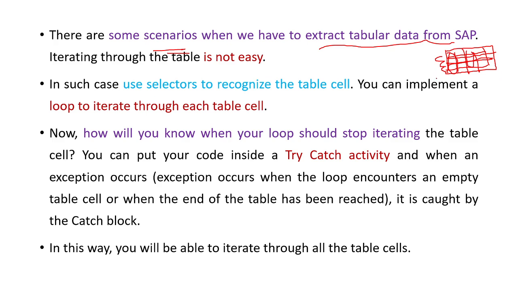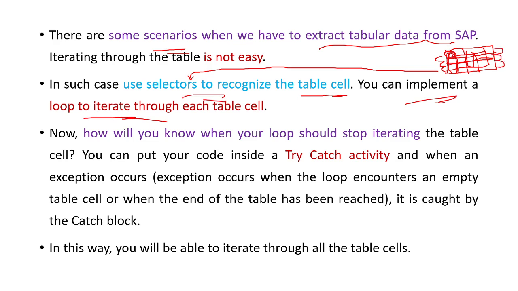To do that, you have to use selectors. This is the guideline: use selectors to recognize a particular table cell value. And you can implement a loop to iterate through each table cell, row by row.